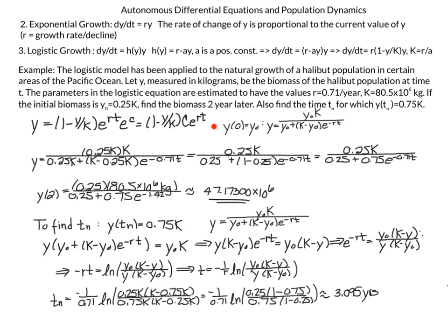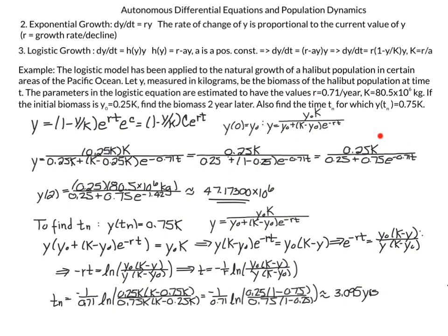Here we have the solution for the logistic equation, since it's a logistic model, and we also have the solution for the initial value y naught. So we plug in y naught equals 0.25k, and we also have k here, k minus y naught, and e to the minus 0.71t, since we're given r as well.